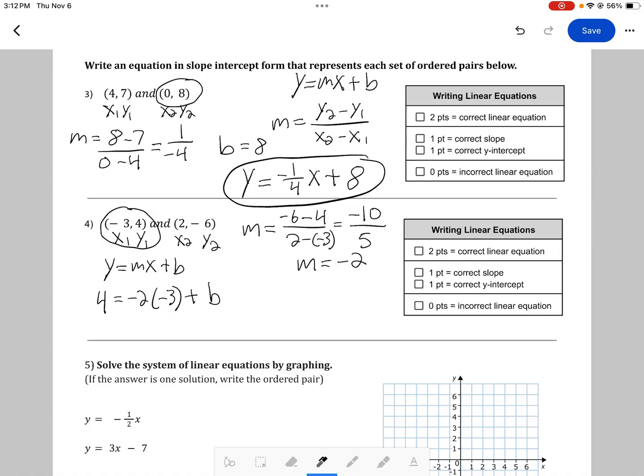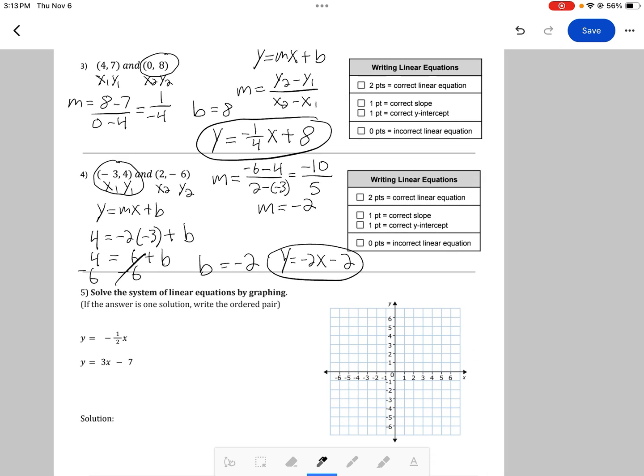Negative 2 times negative 3 is positive 6, equals 4, plus b. I'm going to subtract 6 on both sides. B also equals negative 2. So now my full equation is y equals negative 2x minus 2.